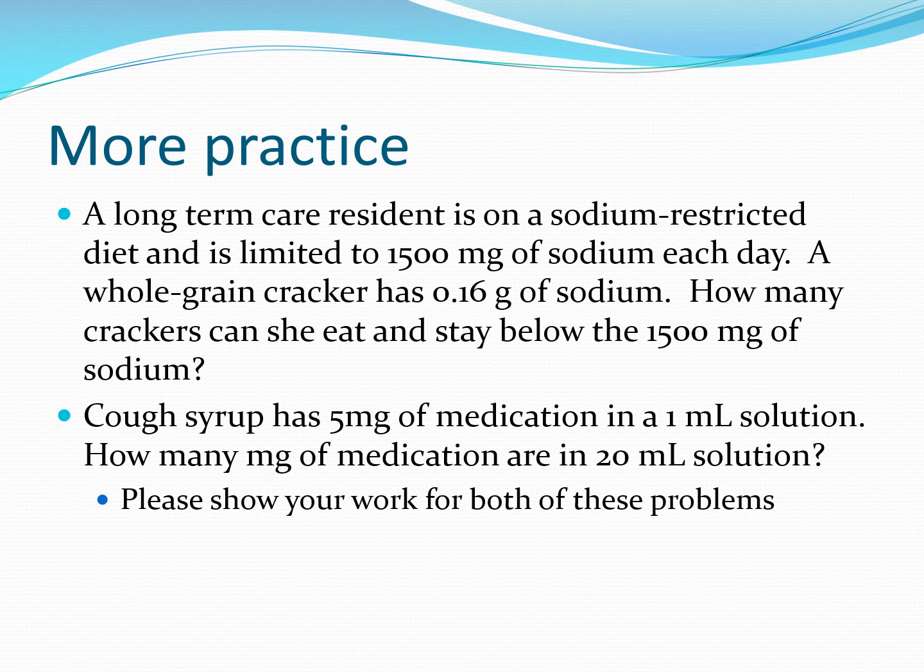How many crackers can she eat and stay below the 1,500 milligrams of sodium? The thing you should notice right away is that you're talking about 2 different units of measurement. Milligrams is how much she's allowed each day, 1,500 milligrams, and each of the crackers has 0.16 grams of sodium.